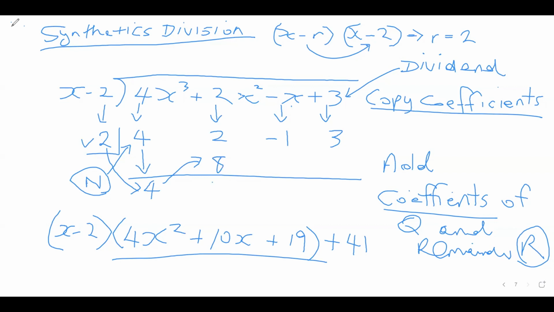Then we're going to get 10. Then we take the same multiplier 2 times 10, and we put that here, which is 20. Then we're going to take 2 and multiply it by the answer, which would be 19. And then we're going to put it here, which will be 38.